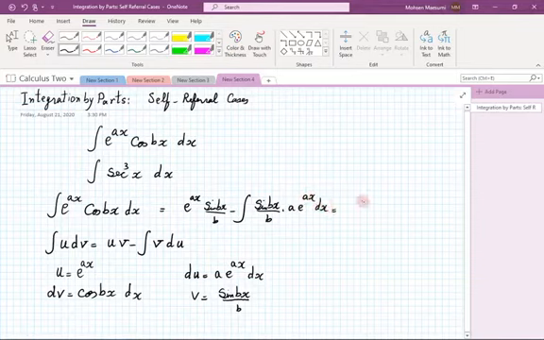Let's rewrite this in a more civilized fashion. So exponential of ax sine of bx over b, minus a over b, which I can take outside because these are constants, times the integral of exponential of ax sine of bx.